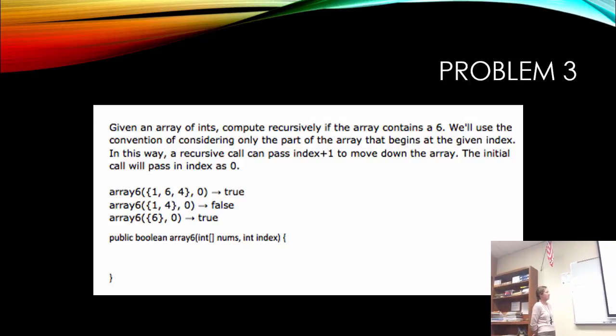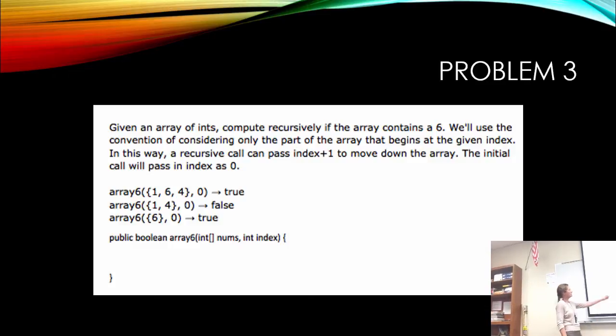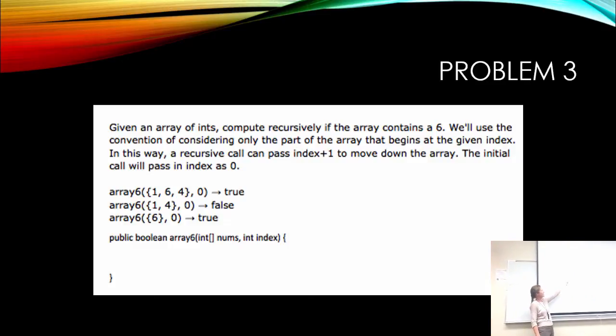Okay, so what are we doing in here? We're just saying, hey, if this list has a 6 in it. If you gave it a list with 3 numbers in it, and one of them was 6, it will return true.